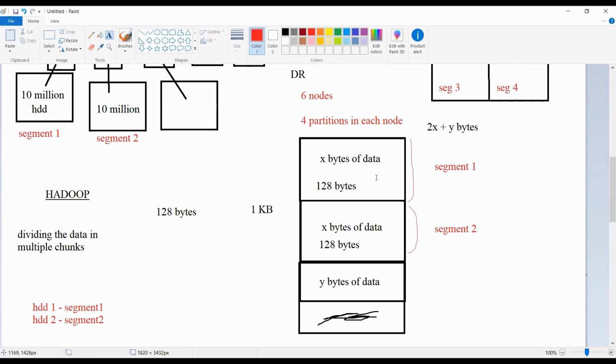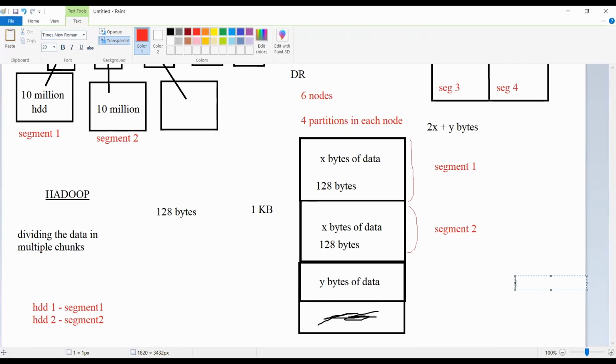So now let's dive a little bit more in depth. When we have these segments of data being given to the local hard disks of the nodes, and they are once again divided into multiple partitions to maintain the data redundancy, we are helping ourselves from engaging new hard disks for putting the redundant data, which used to be a very difficult thing in the earlier days when Hadoop was not there.